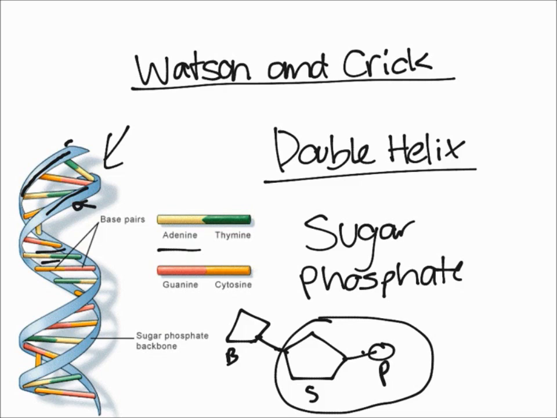And so the orientation of DNA, its strands of DNA are anti-parallel. Which means that they have opposite orientations. So one side is oriented in the opposite direction of the other side.